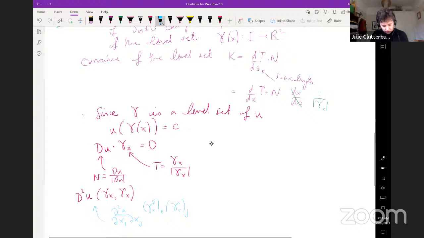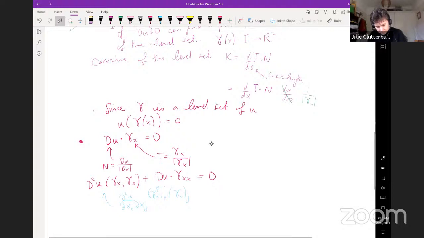This would be the matrix entries here. What am I doing here? Oh, I'm taking the derivative of this guy. But we also need to take the derivative of this tangent vector. So we get this.